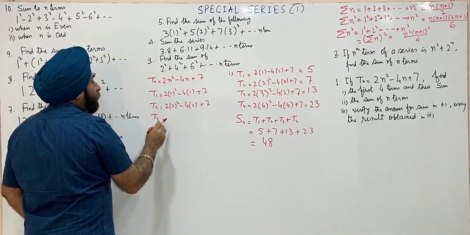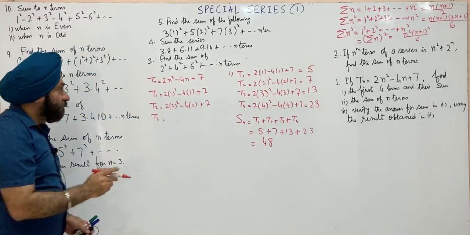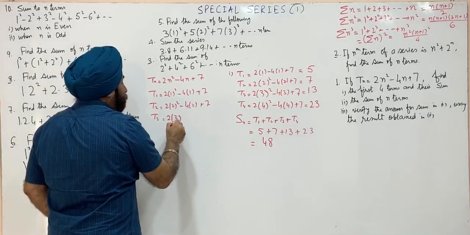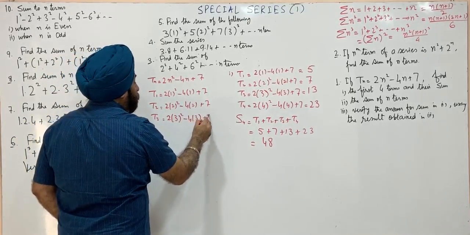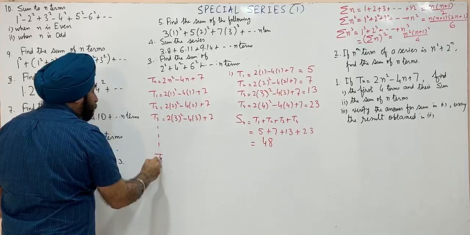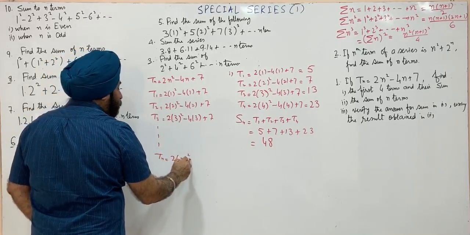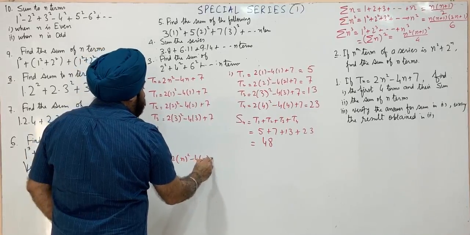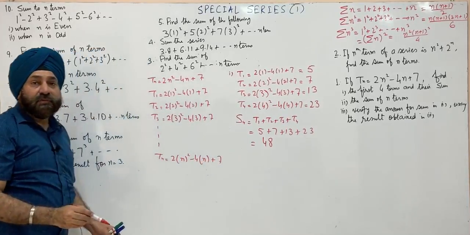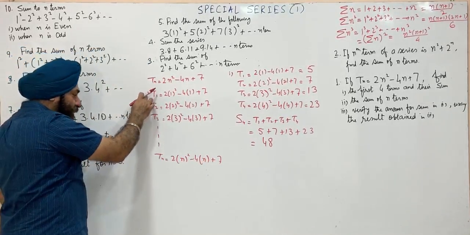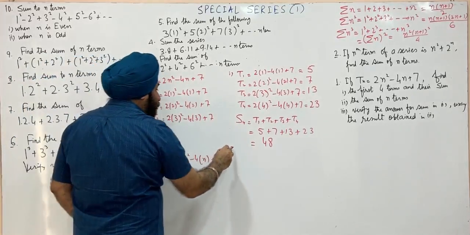The third term, we put n equal to 3, and this will be 2 into 3 square minus 4 into 3 plus 7, and so on. And the nth term is 2 into n square minus 4 into n plus 7. We want the sum of n terms, so we add these vertically.